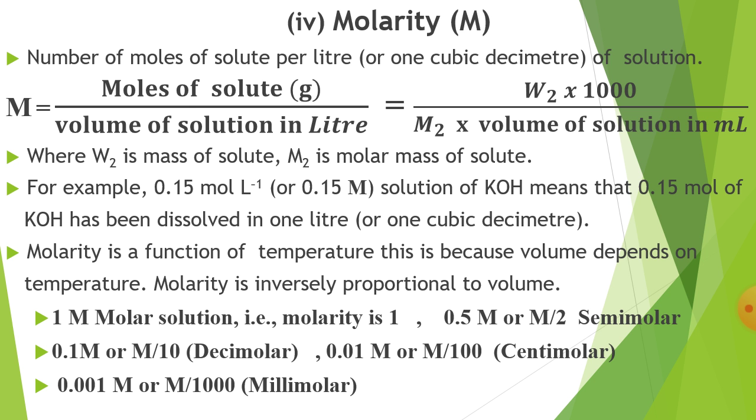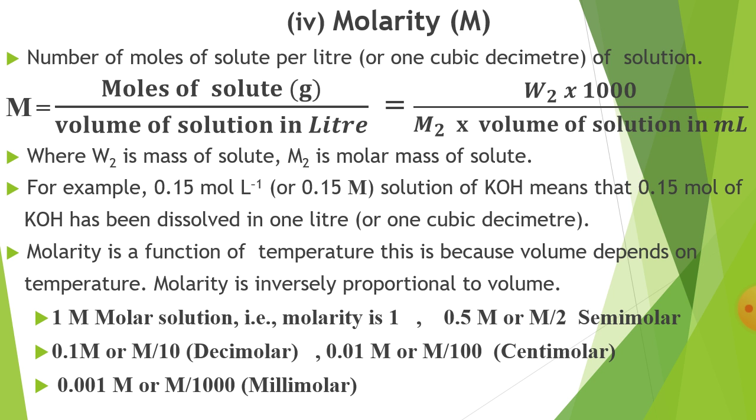Some general points you have to know. If 1 M is written, that means molar solution, or you can say molarity is 1. If 0.5 capital M or M by 2 is written, that means semi-molar solution. If 0.1 M or M by 10 is written, it is called decimolar solution. So decimolar means M by 10.